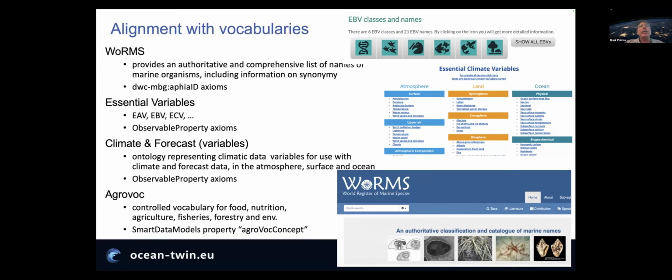We also have essential variables, which define observable properties in different domains like biodiversity, climate, and others, but also the climate and forecast variables, which are also being used in many places of the pilots in Iliad. And we can also make connections to AgroVoc concepts.